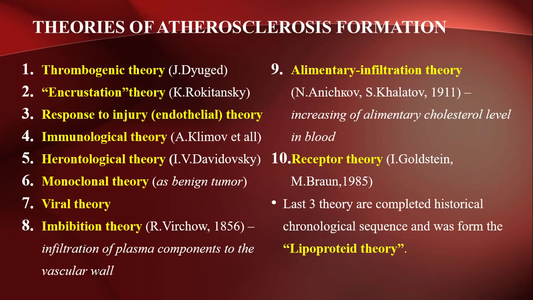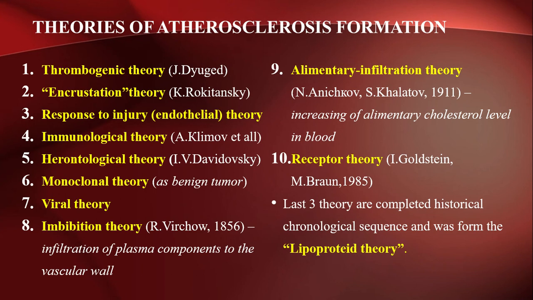There are some theories of atherosclerosis formation. First, the thrombogenic theory by Duguid, the incrustation theory by Rokitansky, the response to injury of the endothelial cells theory, immunological theory, hematological theory, monoclonal theory, viral theory, and the inhibition theory offered by Virchow.